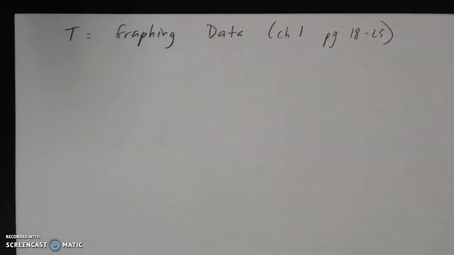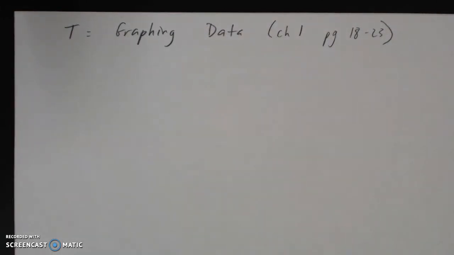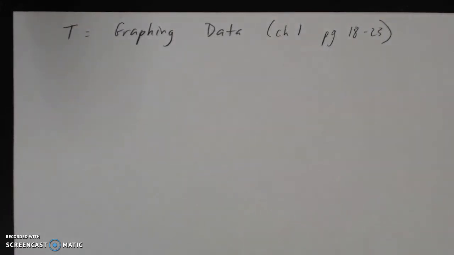So what I want to see either in your digital notebook or paper notebook is a title. What is the topic you're reading about? As an example, I'm using our textbook, and I'm looking at page 18 right now. The topic, section 4 title, is graphing data.